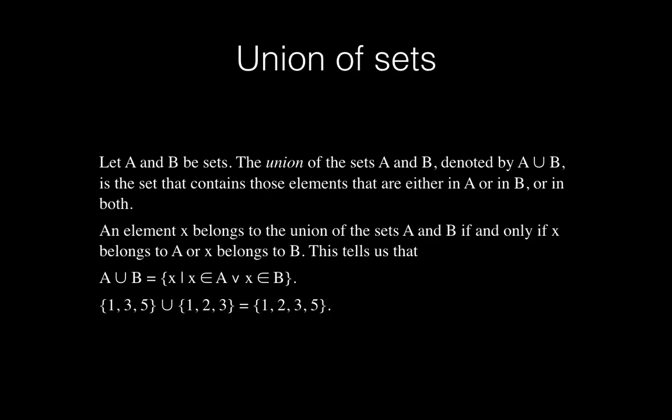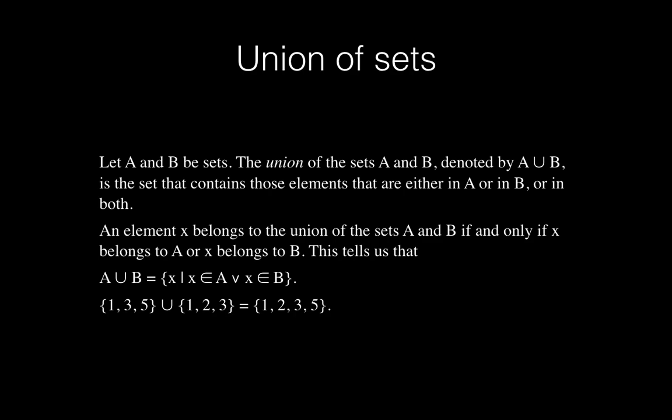So when you do a union of them, the set obtained will contain the elements that were either in the first set, or in the second set, or in both.